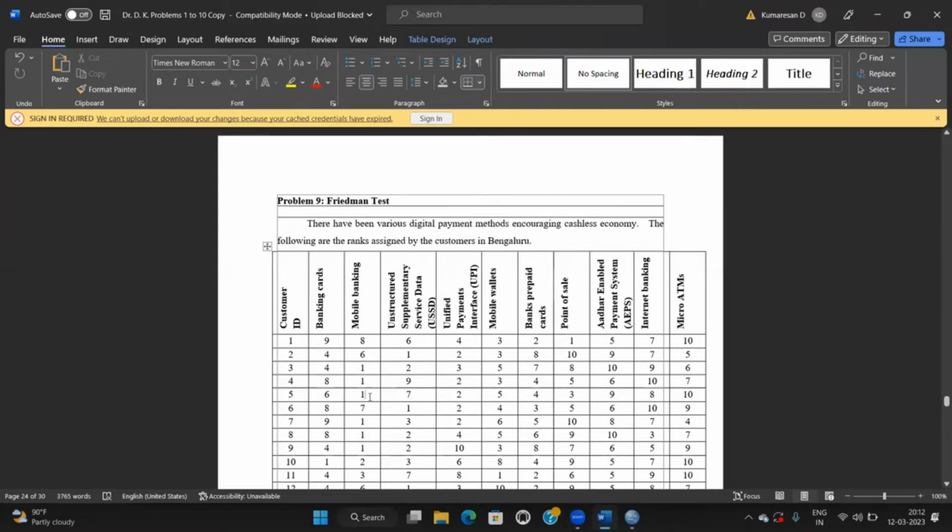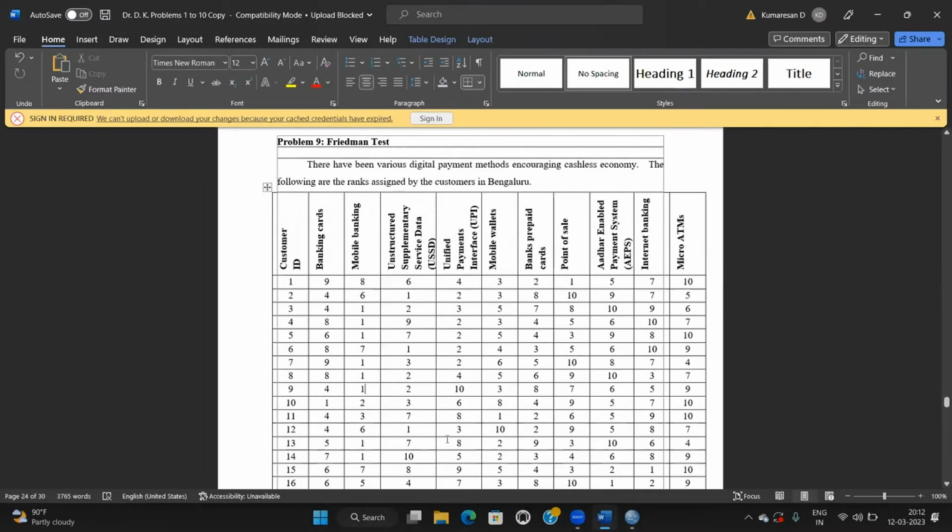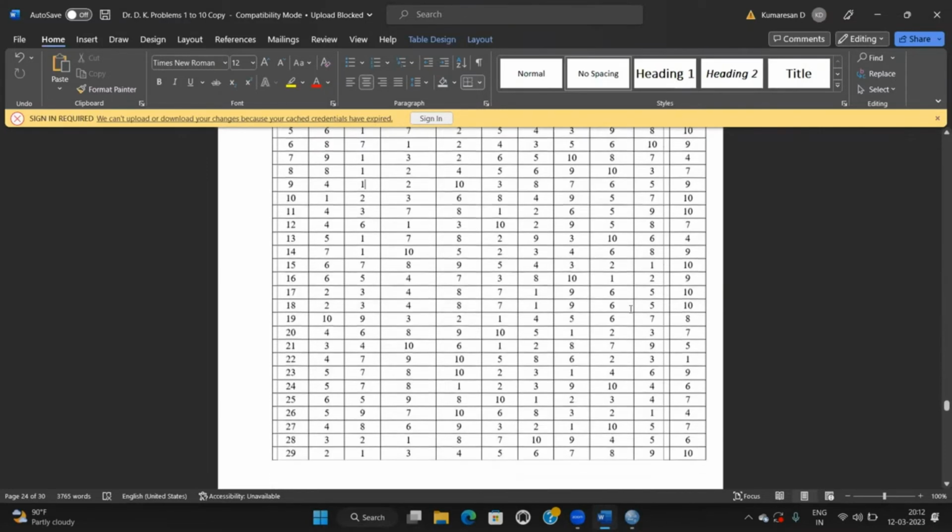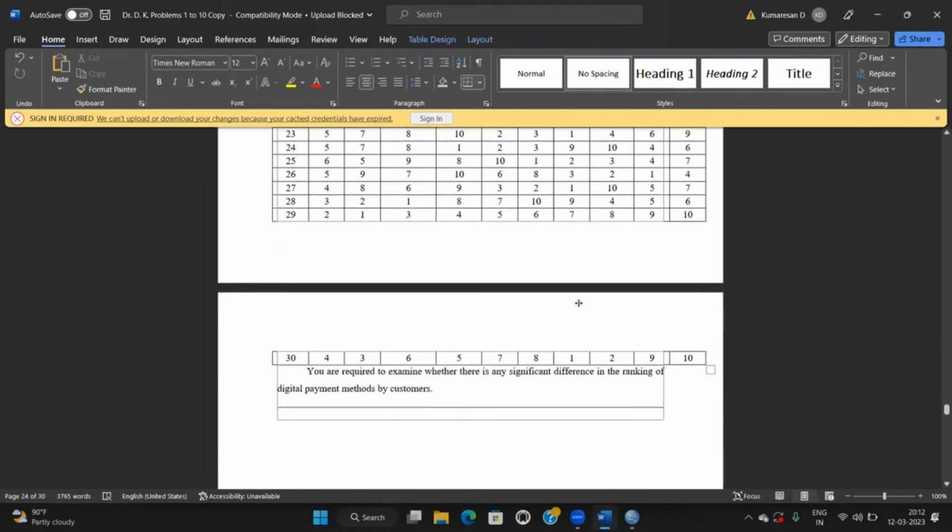Fifth one also ranked mobile banking as the first one. Sixth one ranked USSD as the first one. Seventh, eighth and ninth ones again mobile banking. Like that, the ranks are assigned. There are 30 customers.